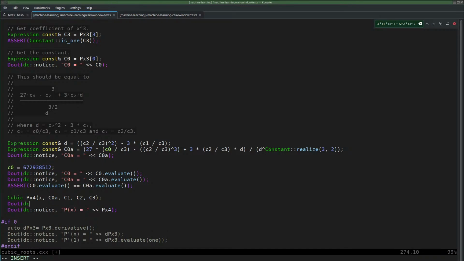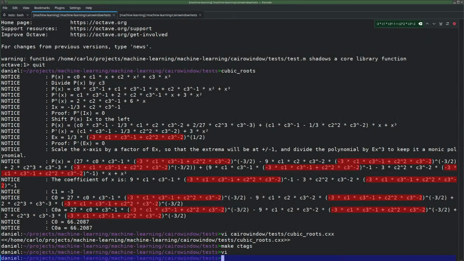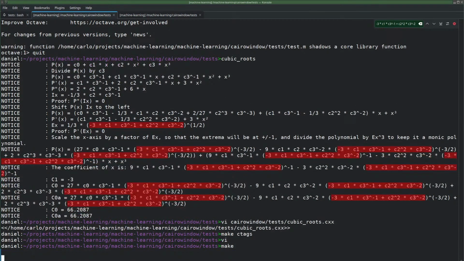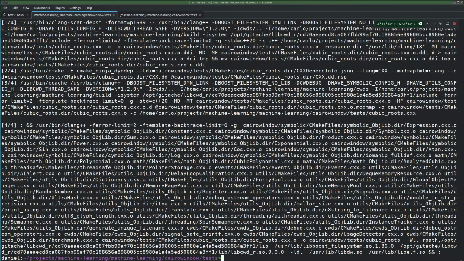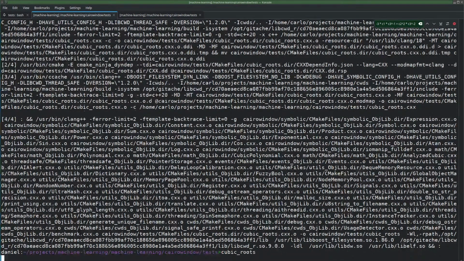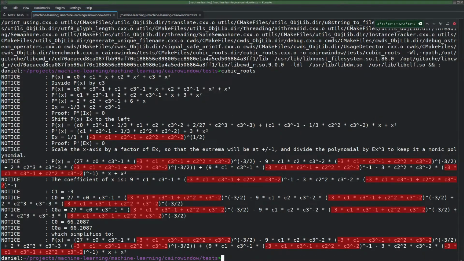I could say which simplifies to, well, what you call simplify.